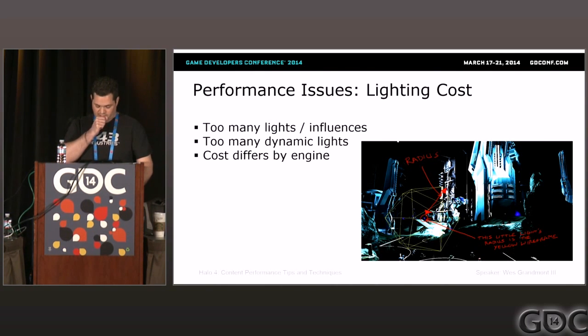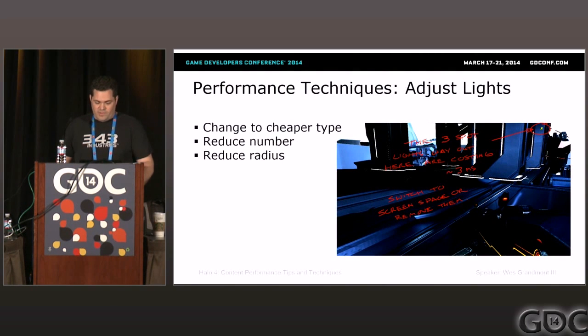When we saw these lights were expensive, and usually screen space lights were quite cheap, it was a good way to say, hey, we've got to reduce the radius on these guys, and that was a real quick fix.